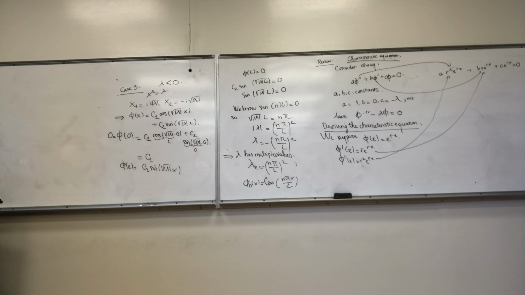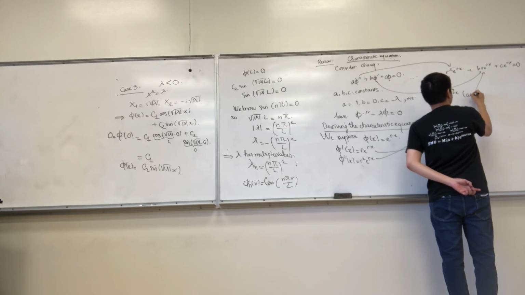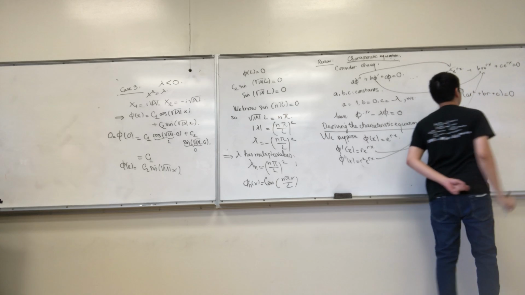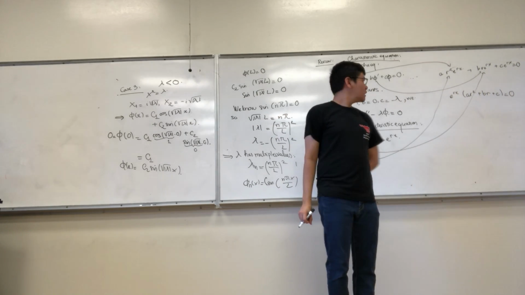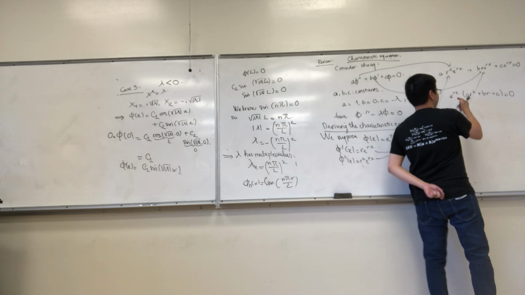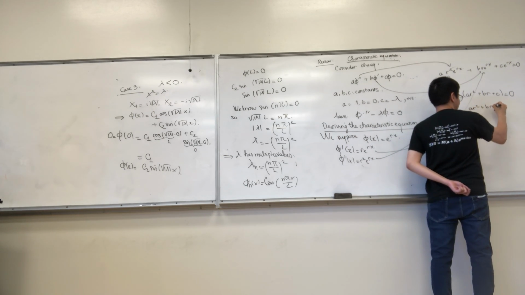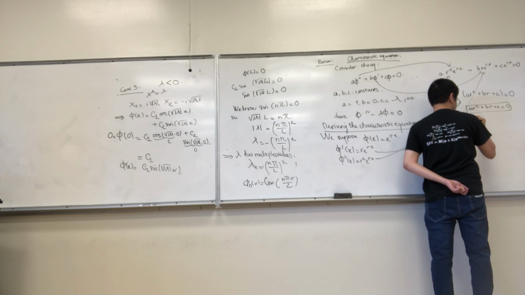Now what is next? Now I factor out. I have e to the rx times (a r squared plus b r plus c) is 0. Because e to the rx is positive, you have a r squared plus b r plus c is 0. So this is the characteristic equation.